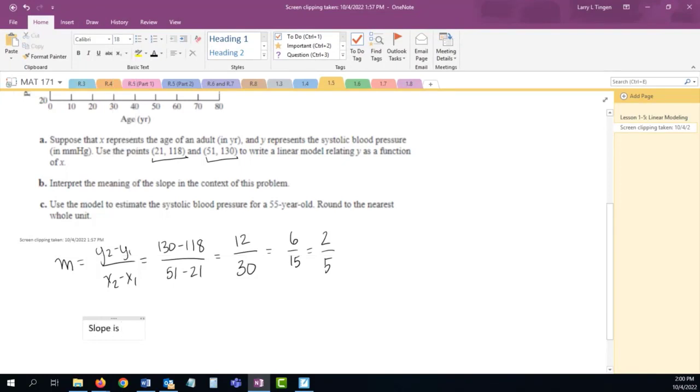A slope of 2/5 means two-fifths per year. Almost. It's really close. So we've got 2 over 5. So I'm going up 2/5 of 1 millimeter of mercury per year.